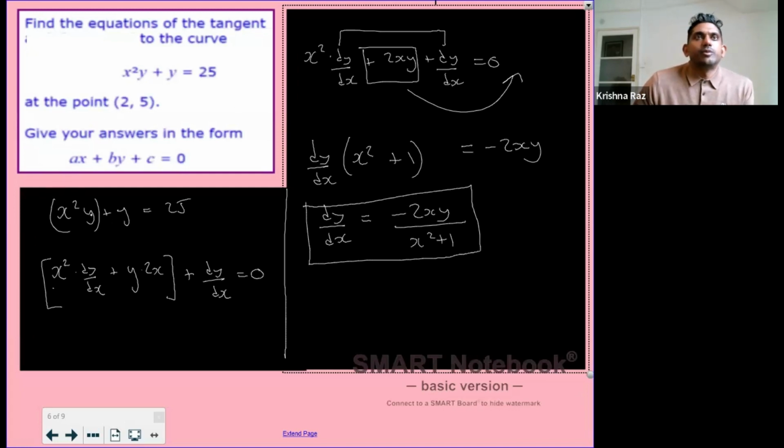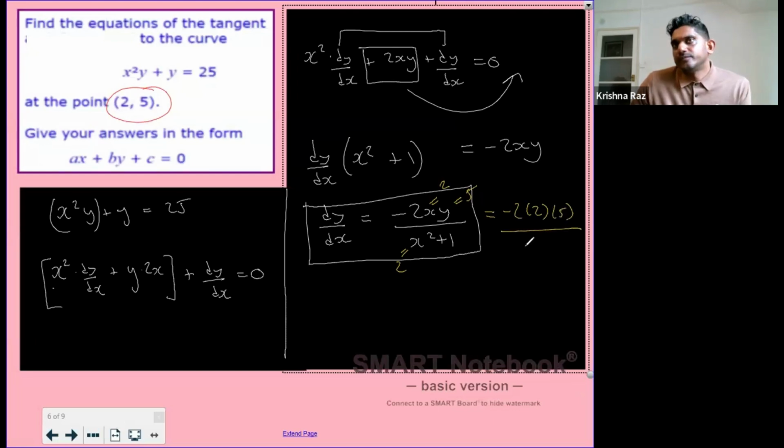We've been given the coordinate (2, 5). So if we let x equal 2 when y equals 5, we will have the gradient equal to minus 2 times 2 times 5 all over 2 squared plus 1.